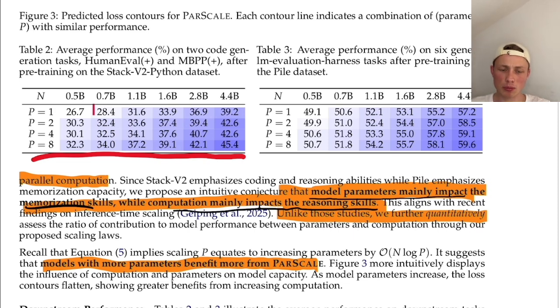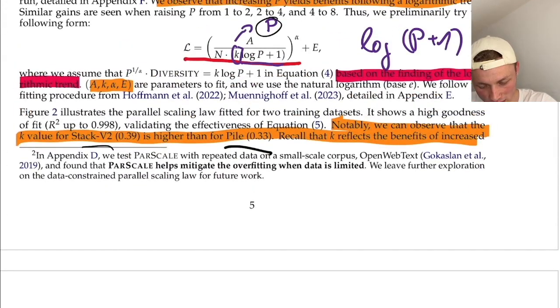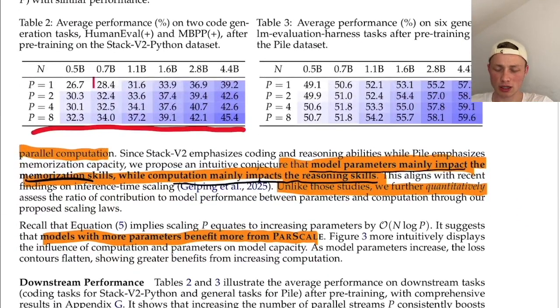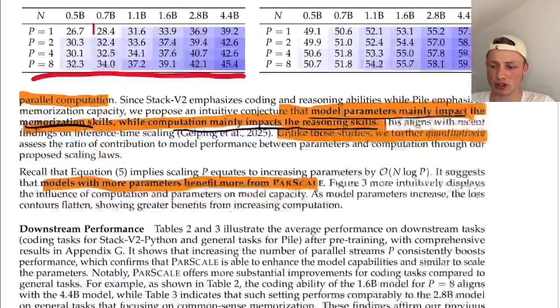Okay, for memorization it's better to increase N because we don't have the same benefit for increasing K, because we have a value of 0.33 instead of 0.39. And this is why they're saying that if we have a reasoning task, this technique, parallel computation, helps more for reasoning tasks instead of memorization tasks.